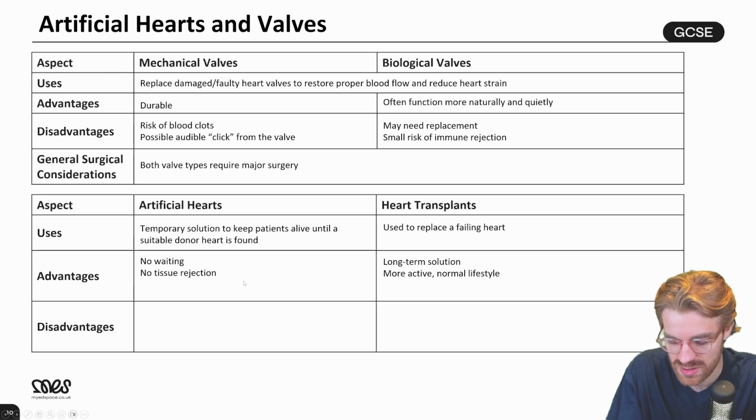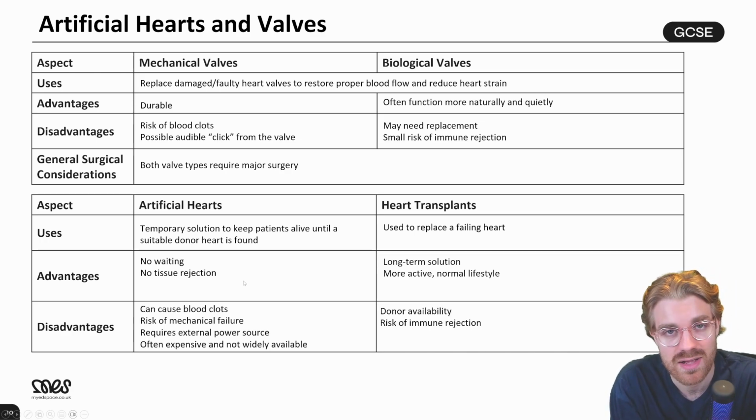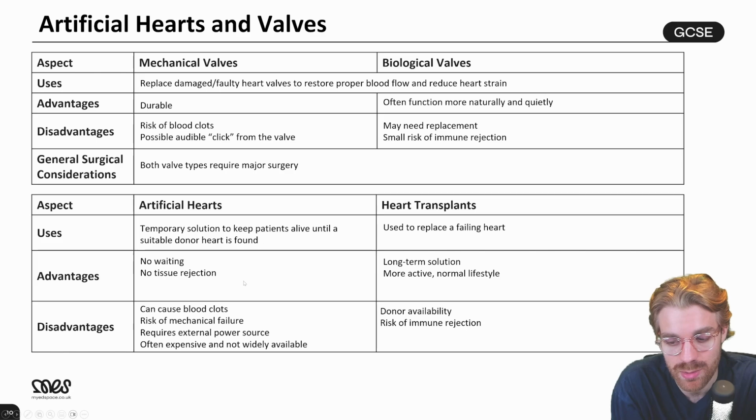But the disadvantages, well, the artificial hearts can potentially cause blood clots. There's a risk of the mechanical failure of the machine. It requires an external power source, so is quite often restrictive. And although there's no wait time, they're often expensive and not necessarily that widely available. And the heart transplants, well, we rely on donor availability.